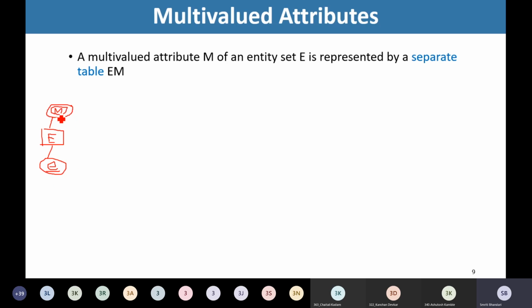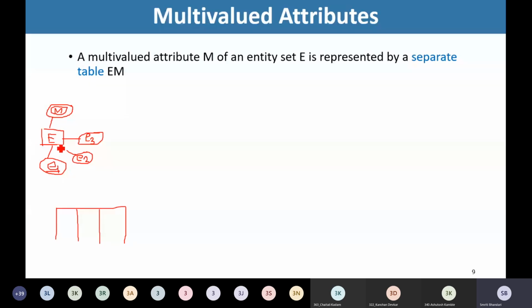So how am I going to convert this multi-valued attribute into a tabular form? Whatever are the attributes of this entity set E, all those attributes are there. So let us assume that E1 is my primary key, E2 is another attribute, E3 is one more attribute, and one multi-valued attribute we have, that is M. So if I want to convert this entity set into the respective table, for this particular entity set E, no doubt I'll be having one table.